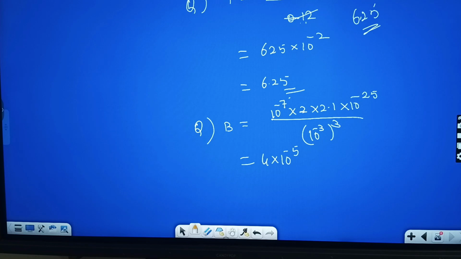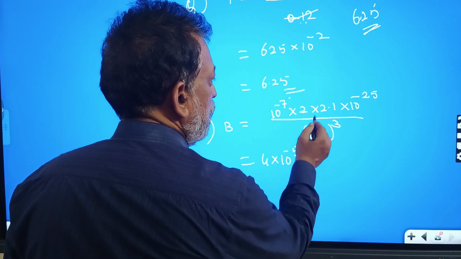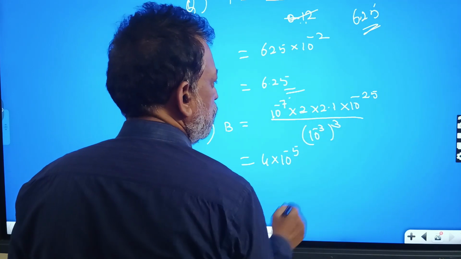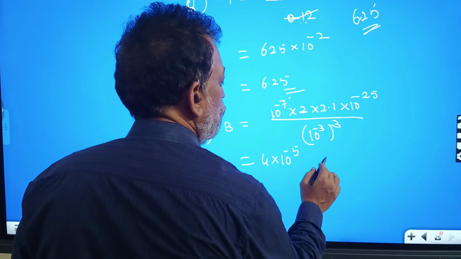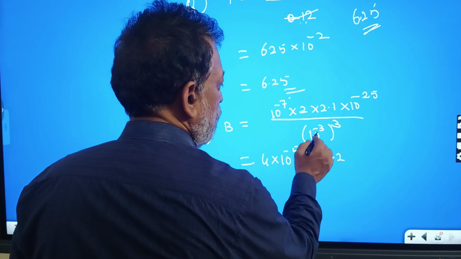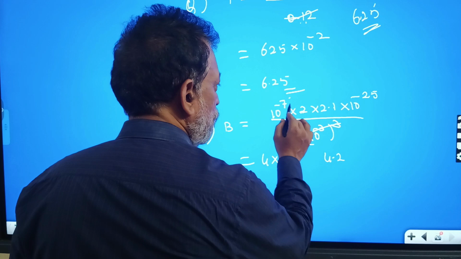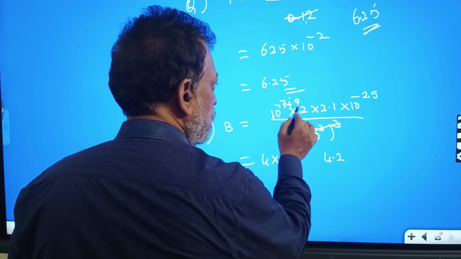Right? So got it? Now, this only 2.21, so that goes to 4.2. No need to neglect that, so exact value. So 10 to the power of minus 3 into 3, 10 to the power of minus 9, it will go to plus 9. Then it will go to the 2.